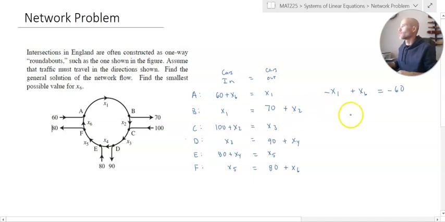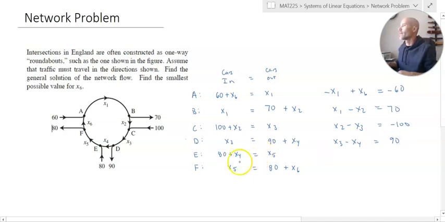And here I suppose I'll move the x2 over. x1 minus x2 equals 70. Here I think I'll just move the x2 over, the x3 over, and then subtract the 100 over the other side. Here I'll move the x4, making this x3 minus x4 equals 90.